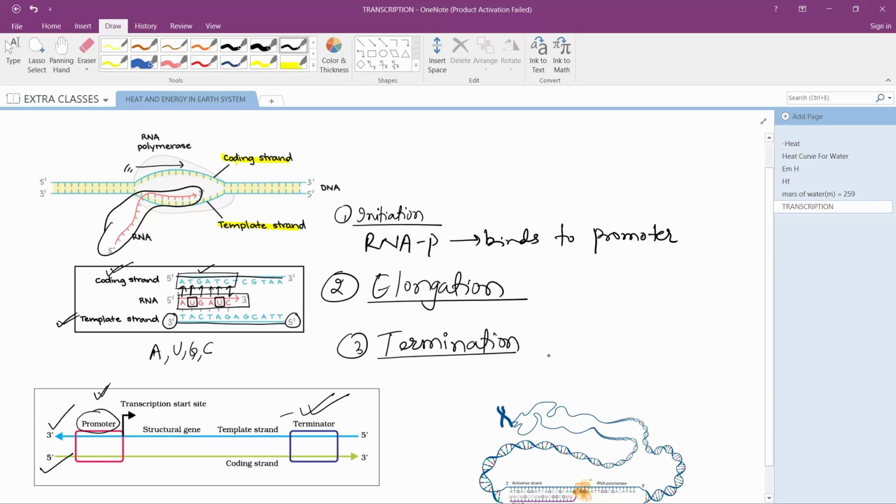First thing is RNA polymerase. In prokaryotes, a single RNA polymerase will work.